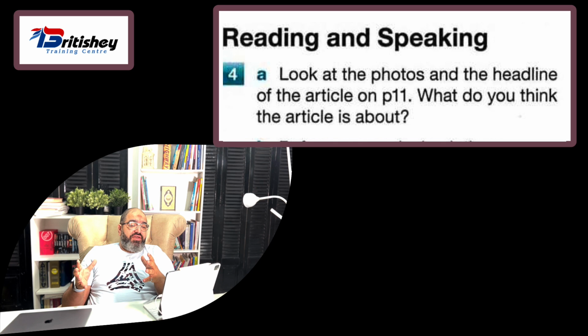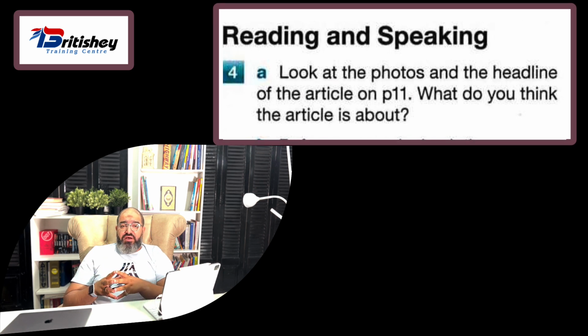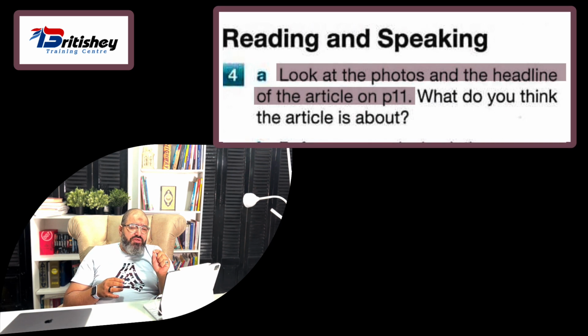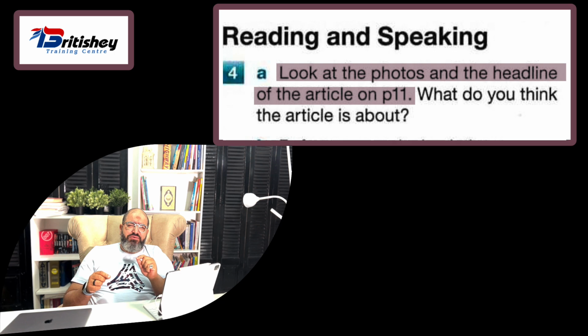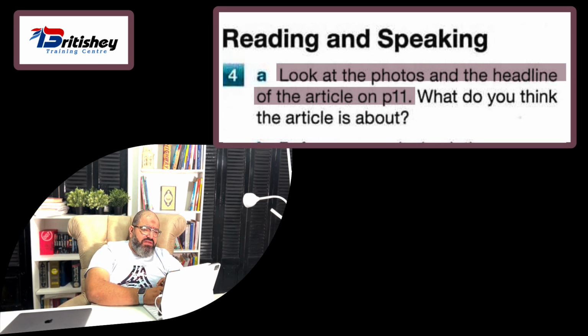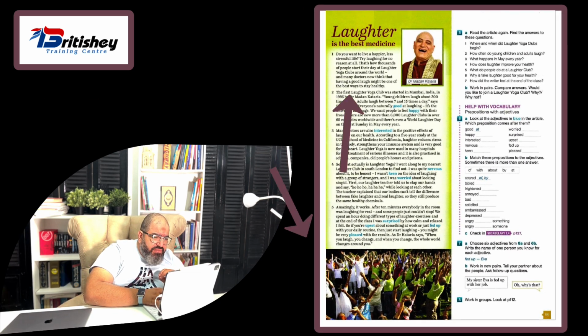Look at the photos and the headline of the article on page 11. What do you think the article is about? Let's analyze this together. Look at the photos and the headlines. Let's go and see the photos and the headlines. Oh, look, we can see a couple of photos here.